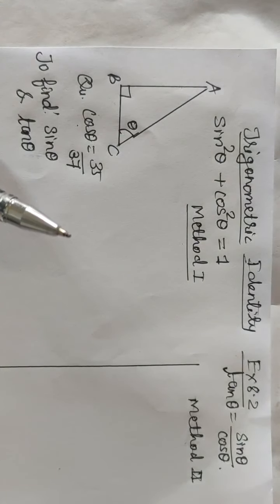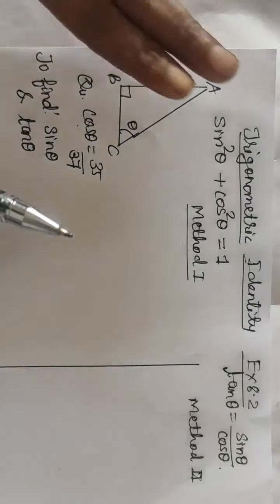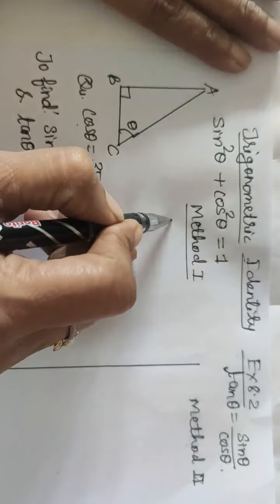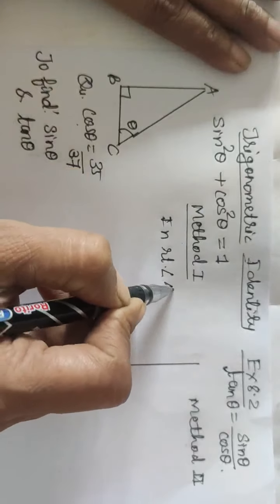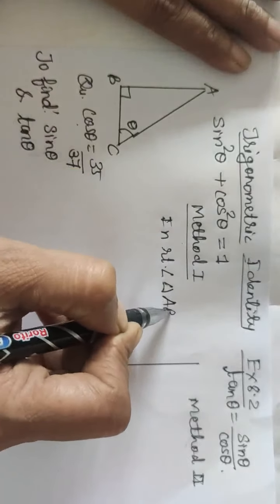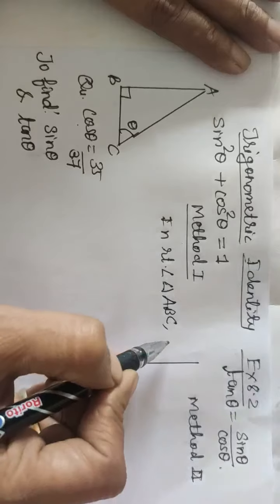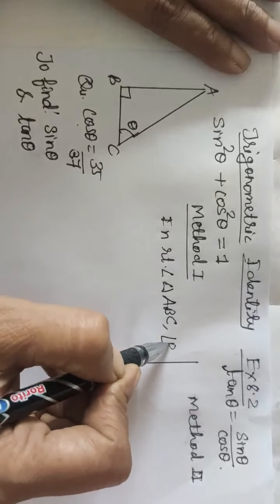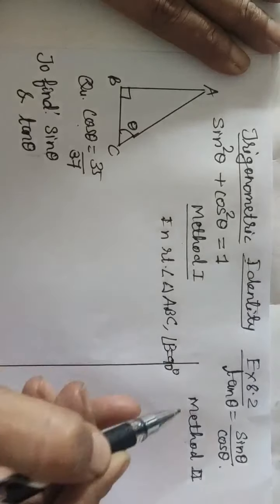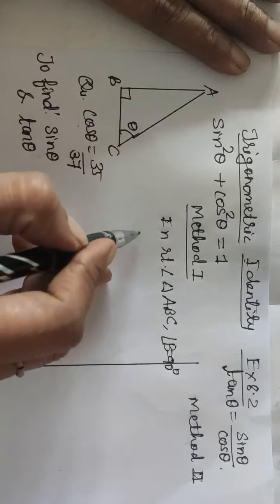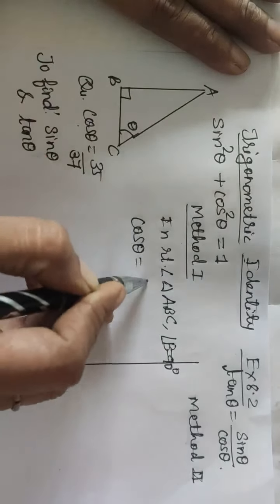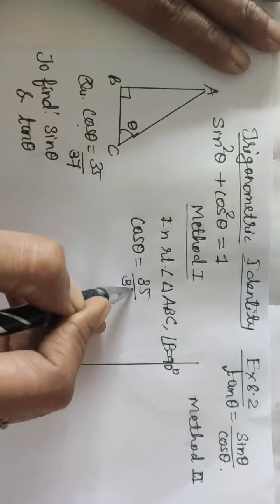So we write here, method 1: in the right angle triangle ABC, angle B is equal to 90 degrees. Now you are given cos theta is equal to 35 by 37.